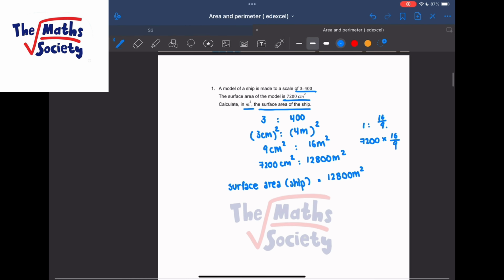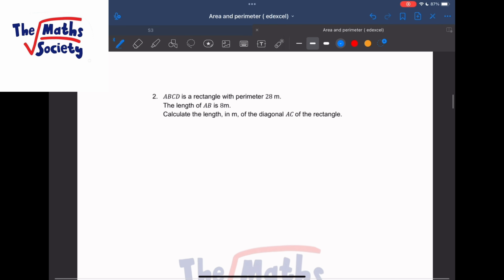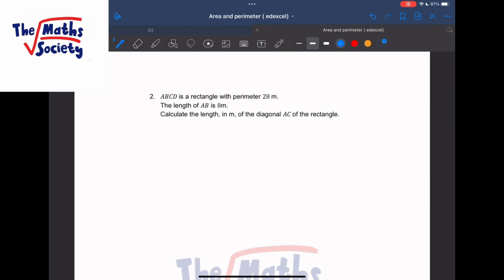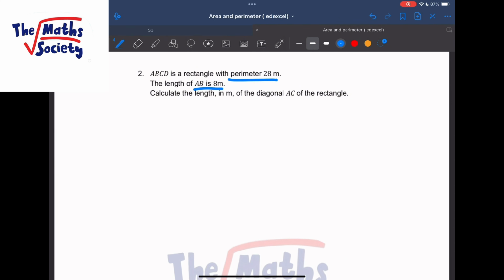And then for number two, it says that ABCD is a rectangle with perimeter 28. The length of AB is 8. Calculate the length of the diagonal AC. So we're just going to draw a normal rectangle, ABCD, right?